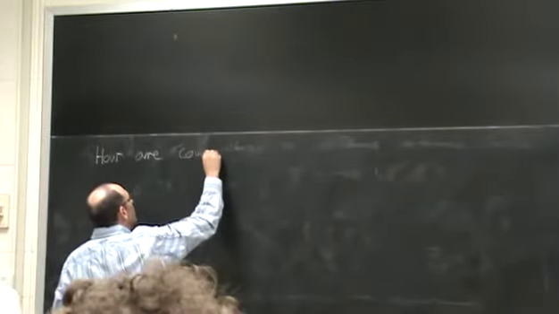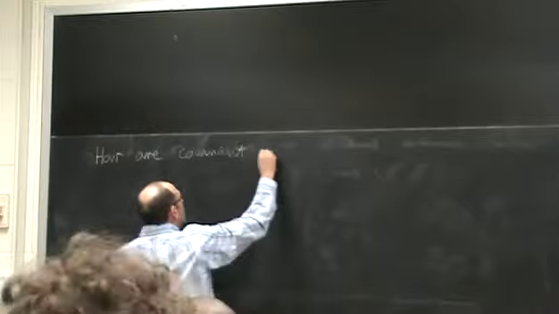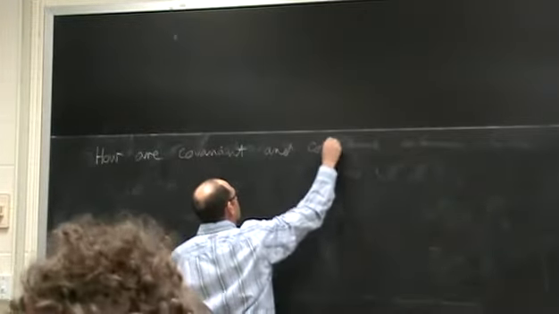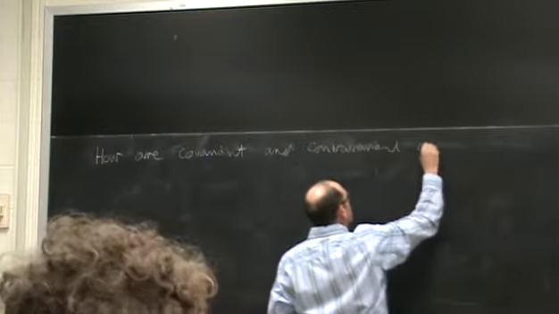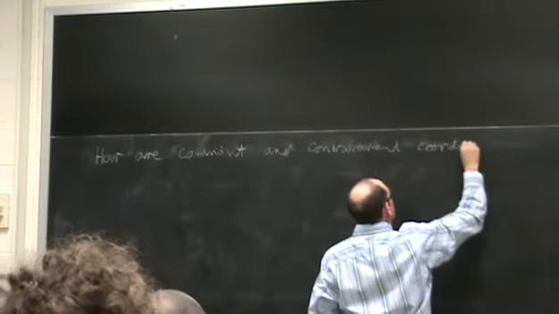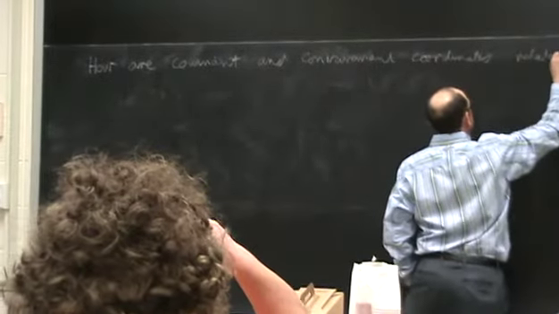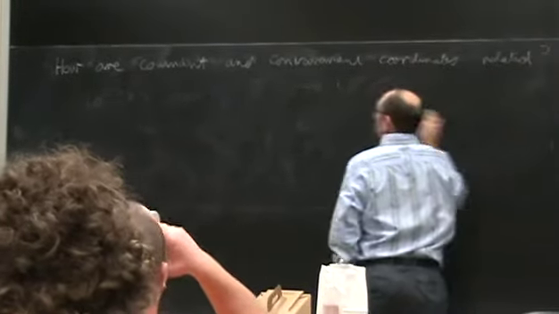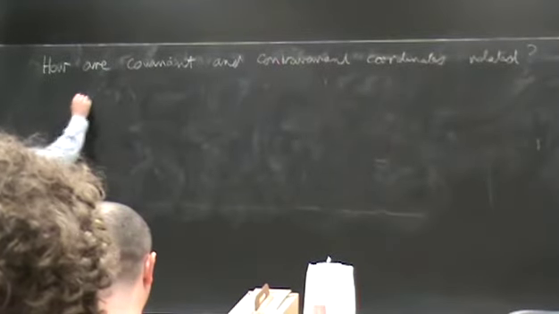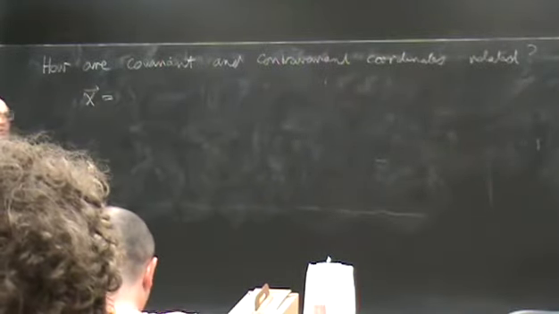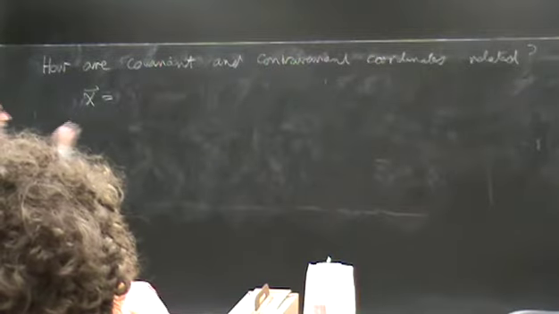How are covariant and contravariant coordinates related? Well, let's suppose I have some vector.